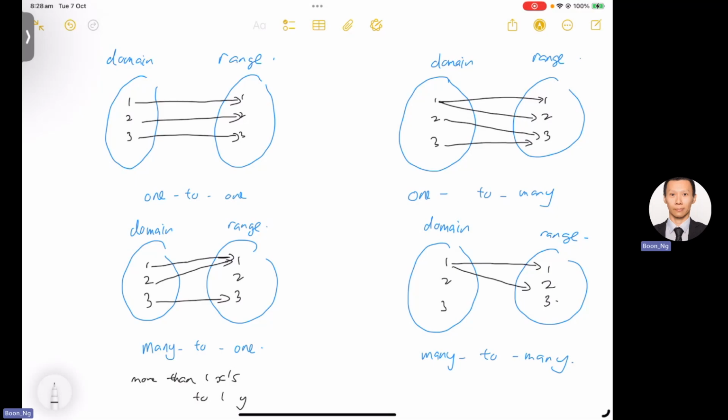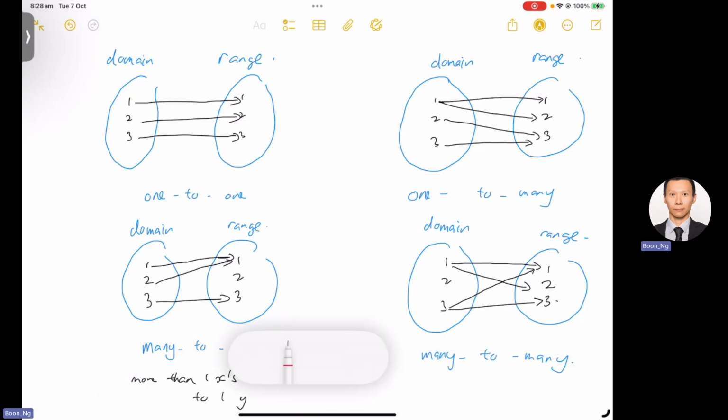Let's say, for example, x equals 1 corresponds to y equals 1 and y equals 2. And then x equals 3 corresponds to y equals 1 and y equals 3.